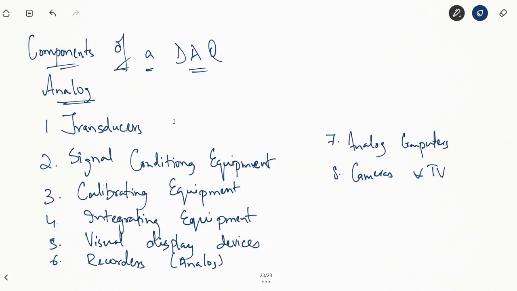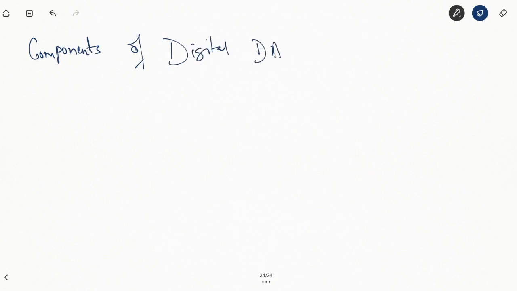Now, what will be the components of a digital data acquisition system? We'll have to actually study all of these components one by one. So you have almost the same components, the transducers, the signal conditioners, but apart from that you need to have an interface for digital to analog communication.